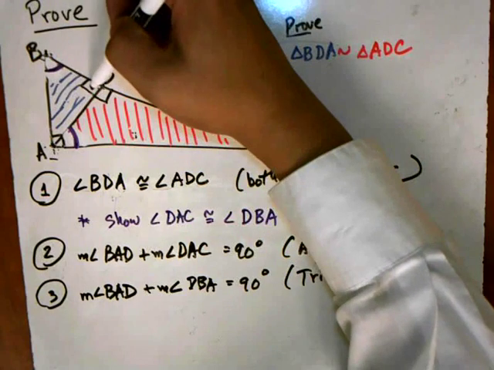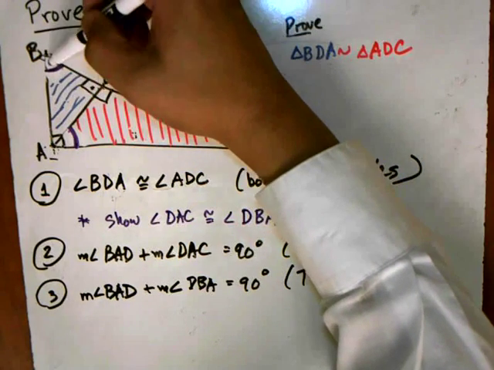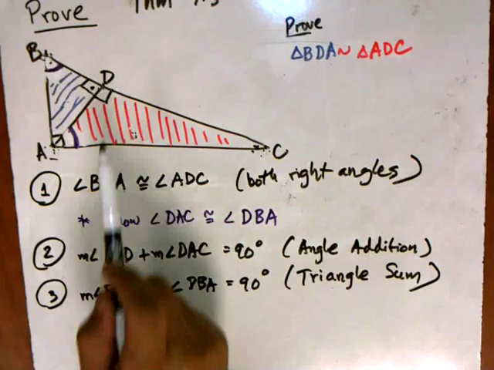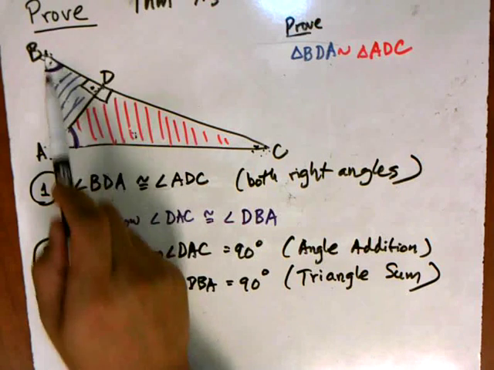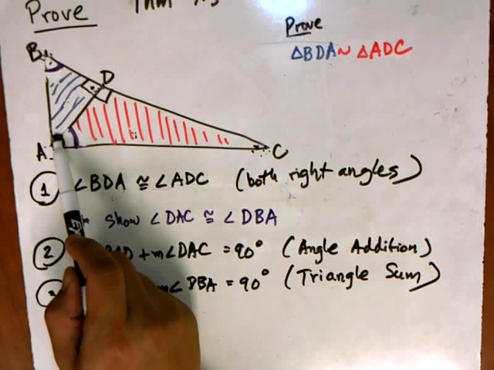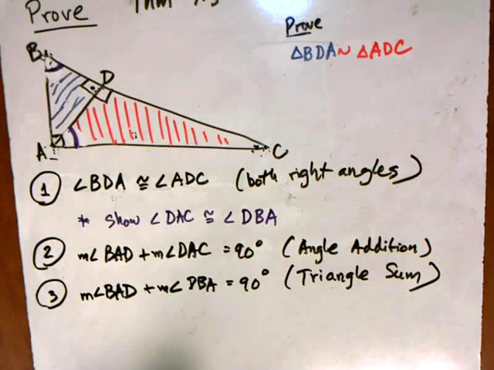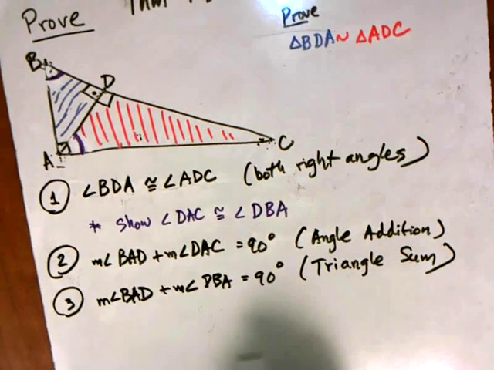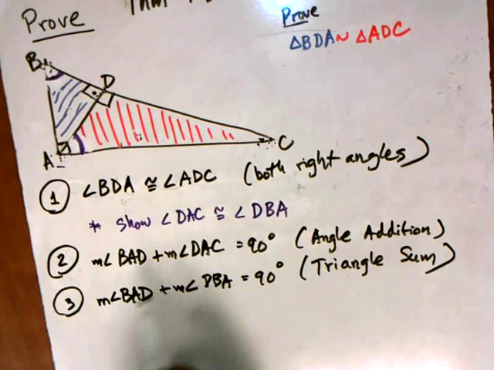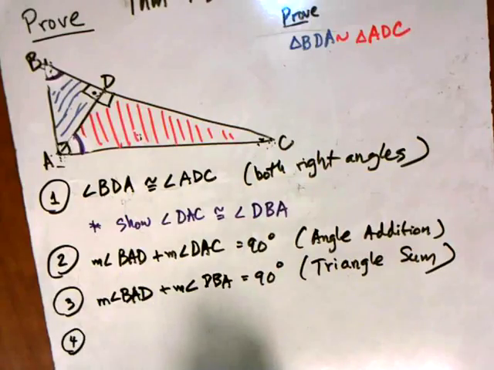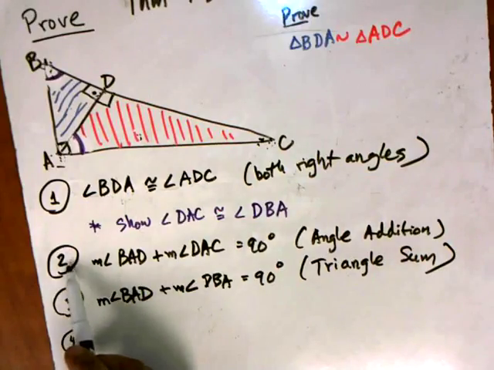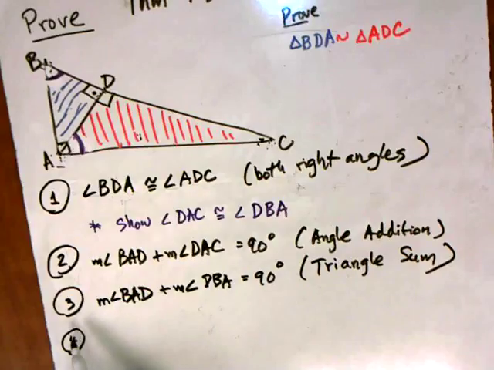So these three angles, 1, 2, and 3 here, have to add up to 180 degrees, and this one's already 90, so the remaining two have to make 90 degrees. Okay, and looking at these two statements, I'm going to do just a little bit of algebra on them. So I'm going to take statement 2 and subtract BAD from both sides.